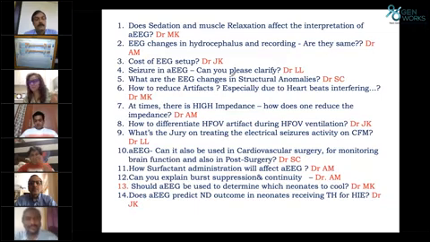Thank you, ma'am. Second question is for Amit sir. EEG changes in hydrocephalus and recording, are they the same? In post-hemorrhagic hydrocephalus, as the ventricular size increases and potentially your cerebral perfusion pressure changes, you may actually see changes in your amplitude.